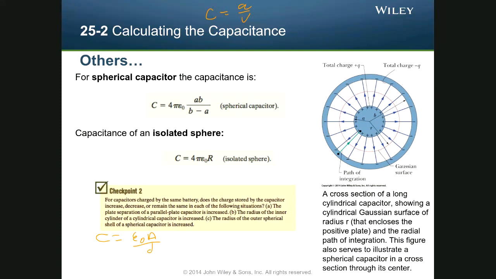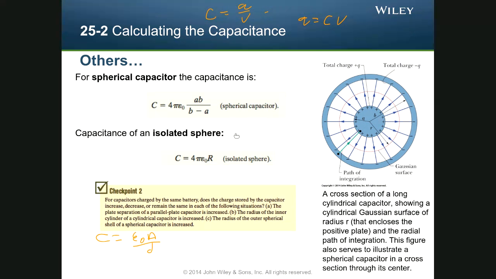So the capacitance is there. We also have Q equals CV, right? As the distance gets bigger, the capacitance decreases. And if the capacitance is getting smaller, the charge stored is also getting smaller. So that would be decreases.